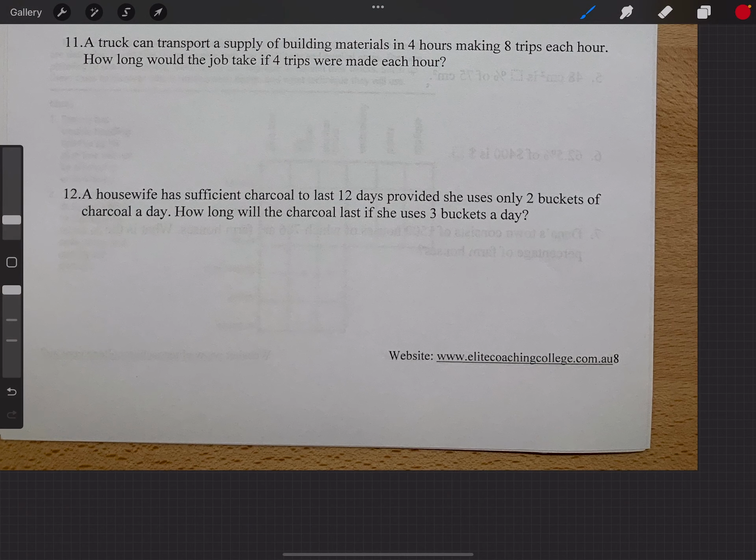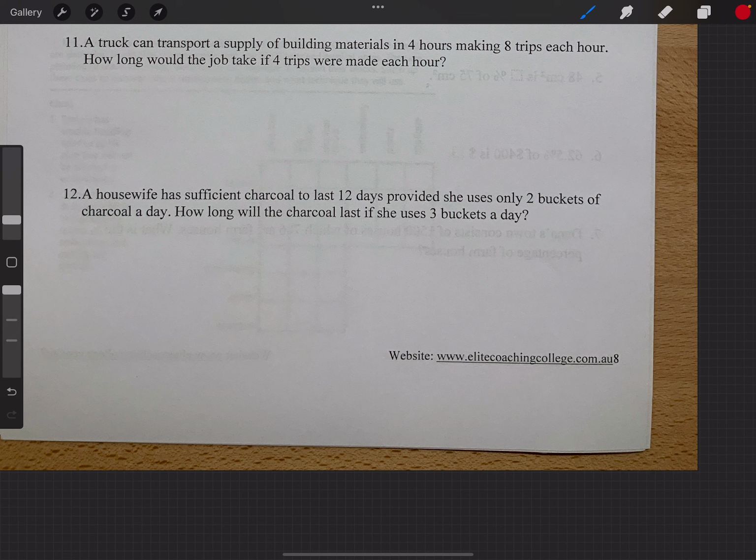Question 11. A truck can transport a supply of building materials in 4 hours, making 8 trips each hour. How long would the job take if 4 trips were made each hour? Hold on. A truck can transport a supply of building materials in 4 hours, making 8 trips each hour.